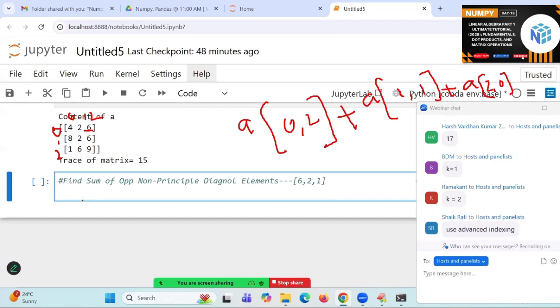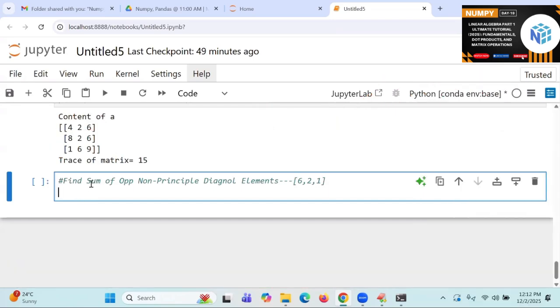Are you getting it? Let us say, first of all, I print the non-principal diagonal elements: A of 0, comma 2, comma A of 1, comma 1, comma A of 2, comma 0.